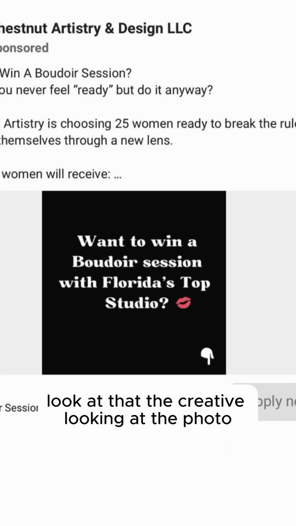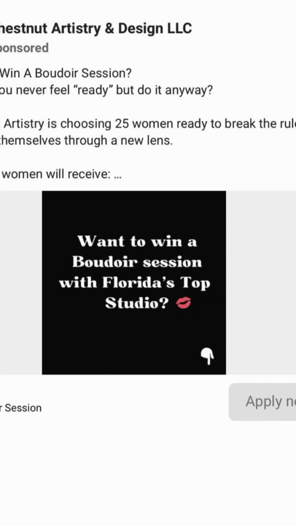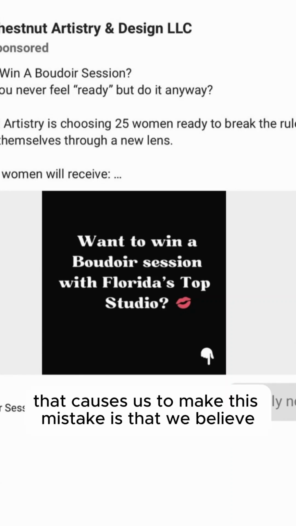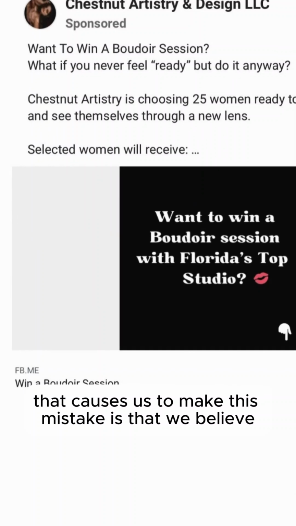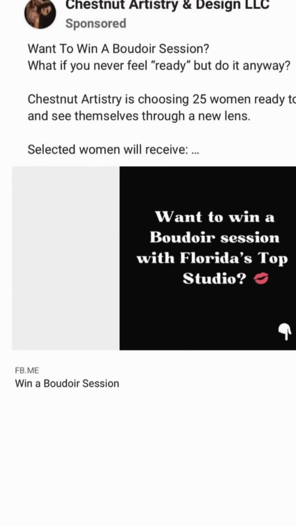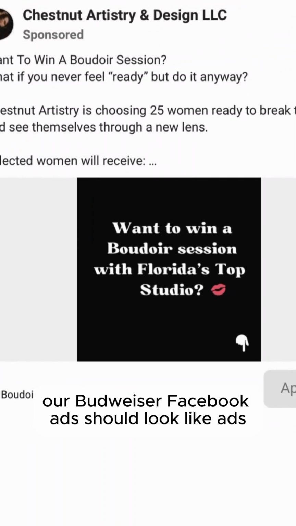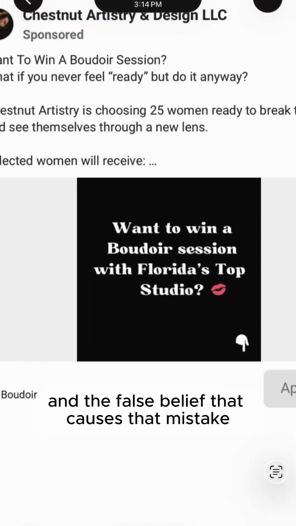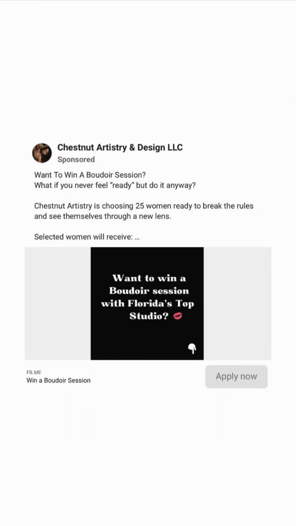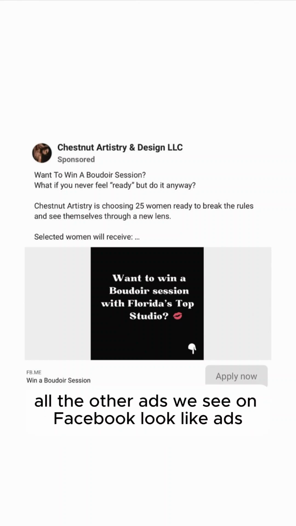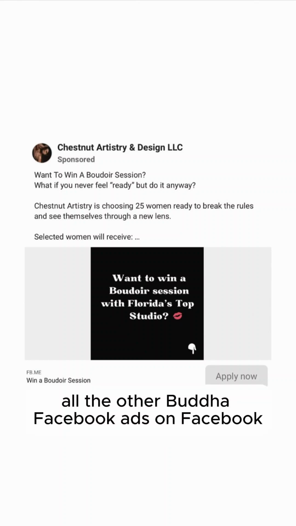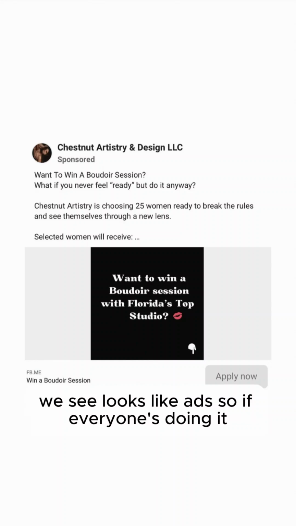Next, we got the look at the creative, looking at the photo. We got the looks like an ad mistake. So the false belief that causes us to make this mistake is that we believe our Boudoir Facebook ads should look like ads. And the reason for that false belief is that basically all the other ads we see on Facebook look like ads. All the other Boudoir Facebook ads we see look like ads.